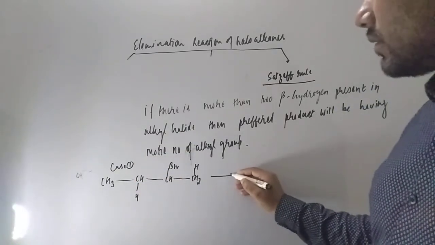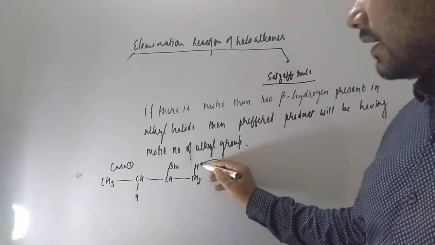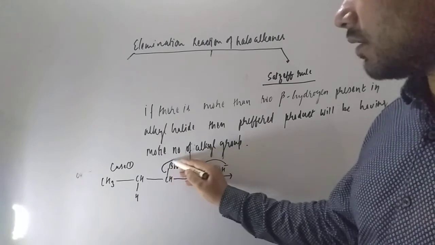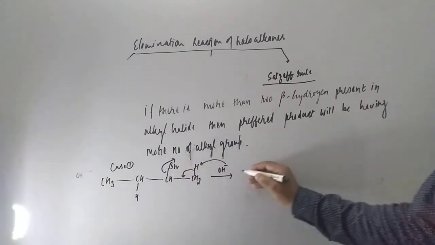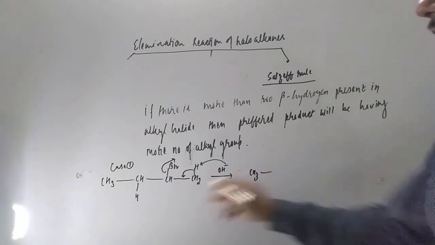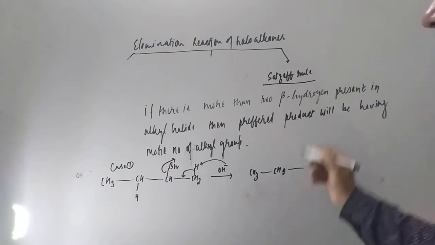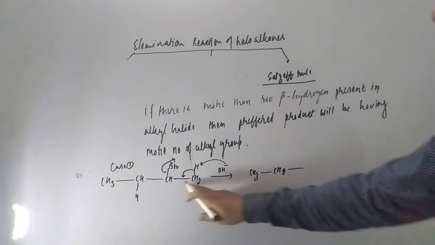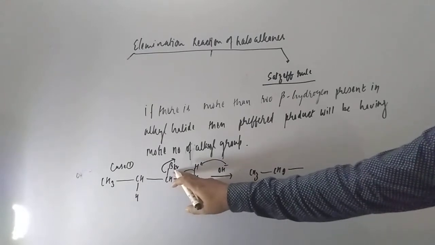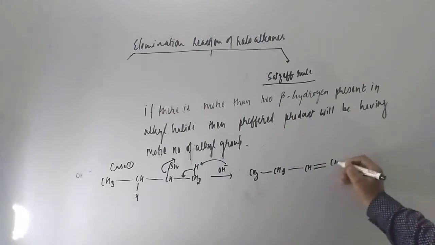If you are treating this with OH, there is a probability that it attacks this hydrogen. So this bond will be shifting and bromine will be coming out. So the product formed is CH3, nothing happened with this carbon so it stays CH2, and here one bond is going, bromine is going, and this bond is forming. So that is CH double bond CH2.